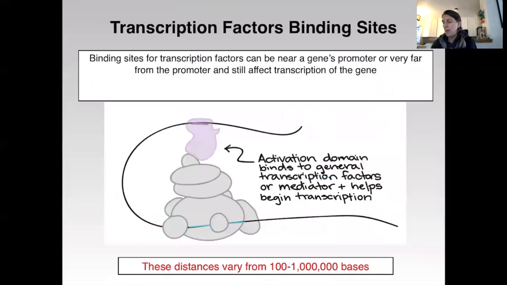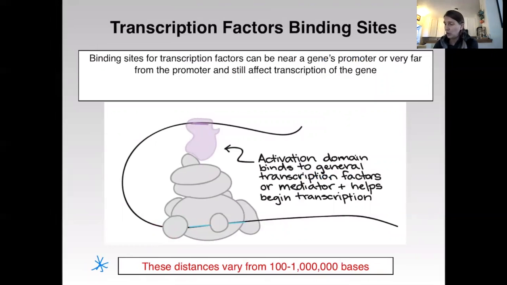And we also have, as we learned about, transcription factors that can bind, right? And the big difference between prokaryotic and eukaryotic transcription factors is that the eukaryotic ones can bind very, very far from our gene, up to 1 million bases away, right?